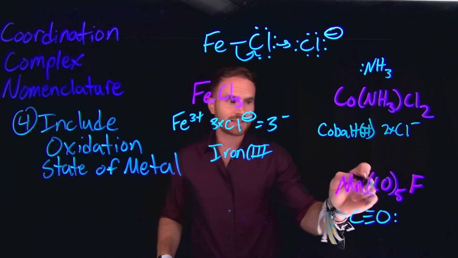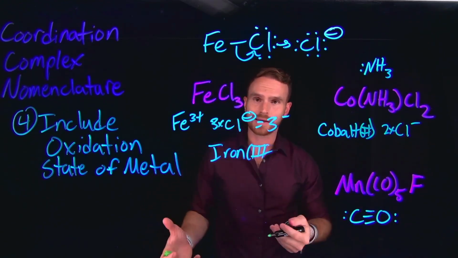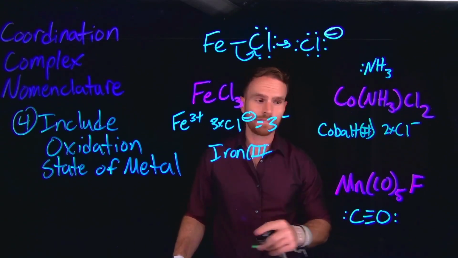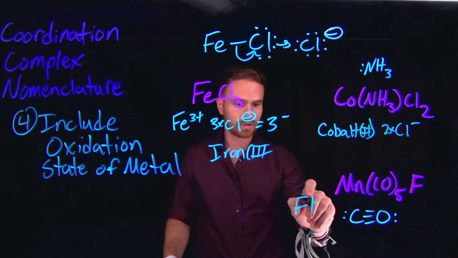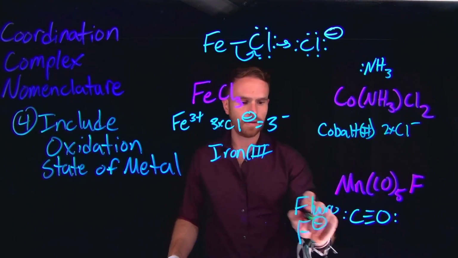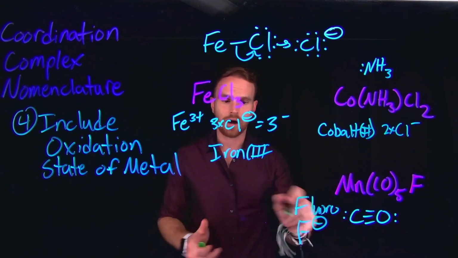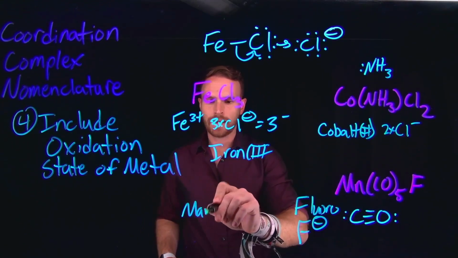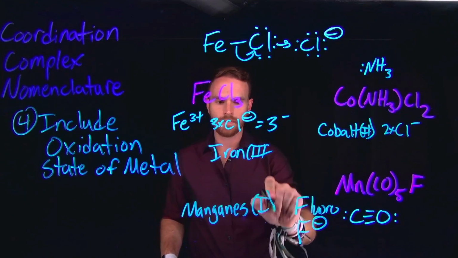Therefore, the carbonyl ligands in this compound do not contribute anything to the oxidation state of manganese. The only one that does is the fluoro, or fluoride, which is a 1- charge. Therefore, manganese in this compound has to be manganese 1.